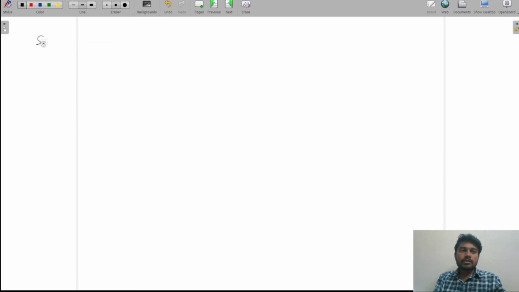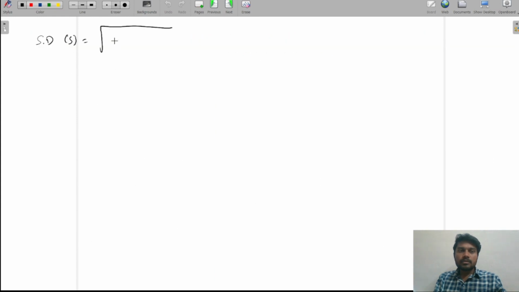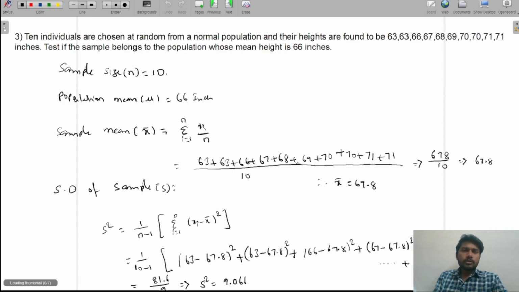So standard deviation s equal to the square root of 9.066, and the solution is 3.011. Hence we have the standard deviation of the sample. Whatever values we require to solve the question, we now have all of them.